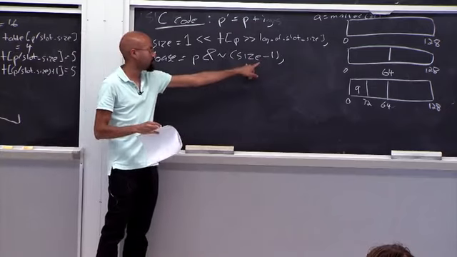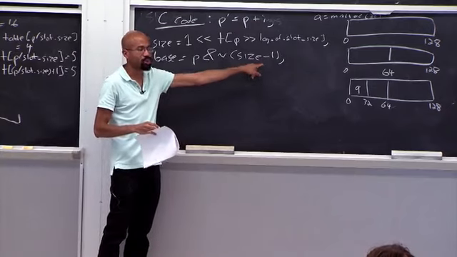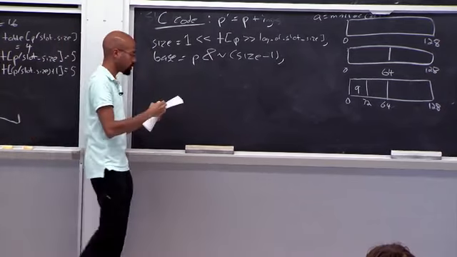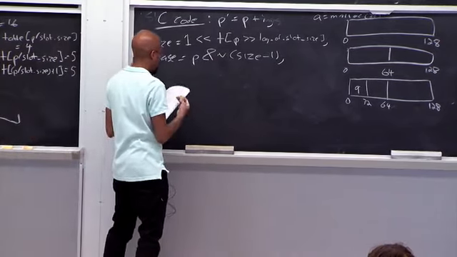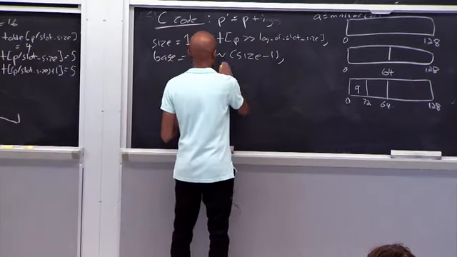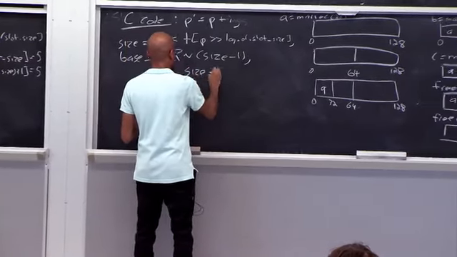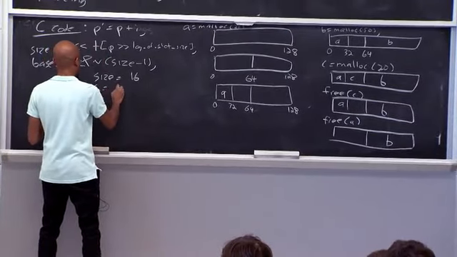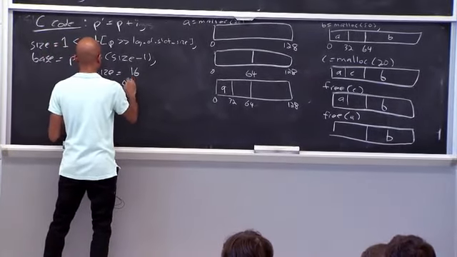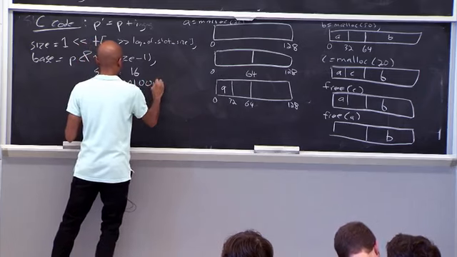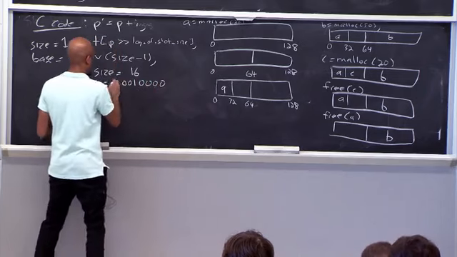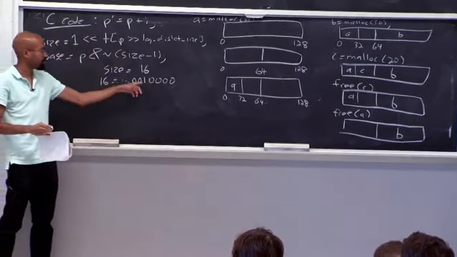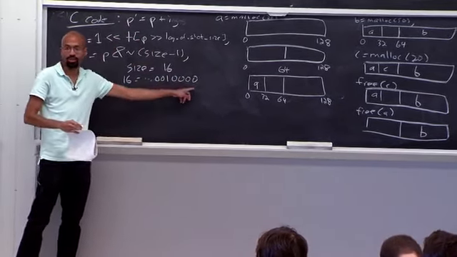Now what this is going to do is give us a mask, if you can think of it. And that mask is going to allow us to recover the base here. And so imagine that your size equals 16. So 16 equals this in binary, right? There's a bunch of zeros off this way. Then we've got a 1 here, and we've got some zeros over here.